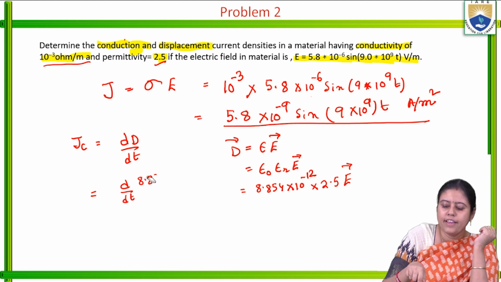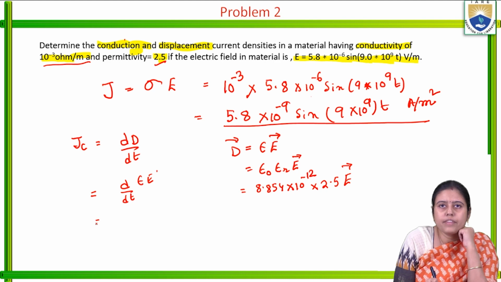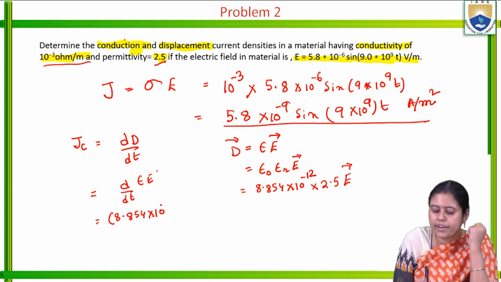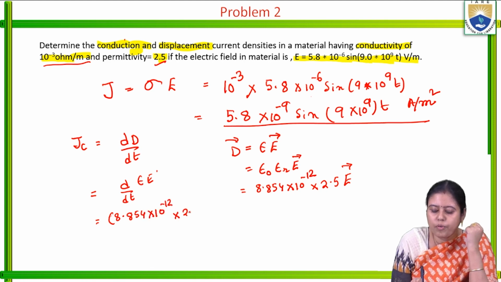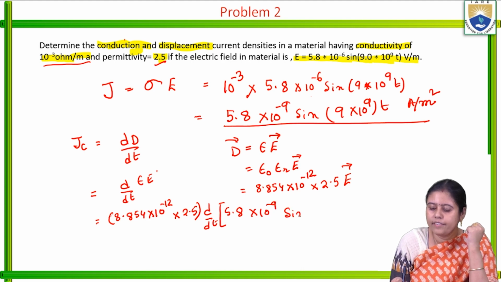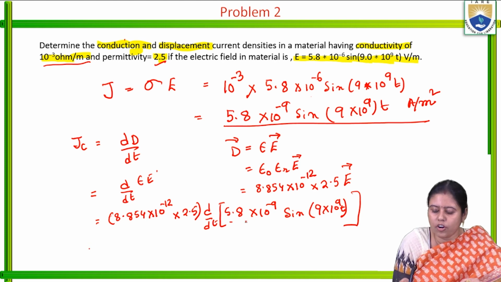First we write epsilon into E. Epsilon is a constant term, so we can write here 8.854 into 10 to the power minus 12 into 2.5 into d by dt of 5.8 into 10 to the power minus 9 sine 9 into 10 to the power 9 t. If we solve this equation, this is again constant.